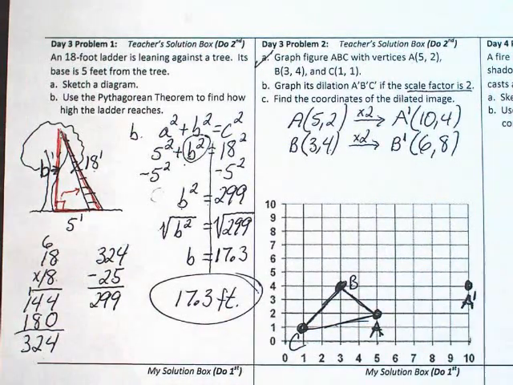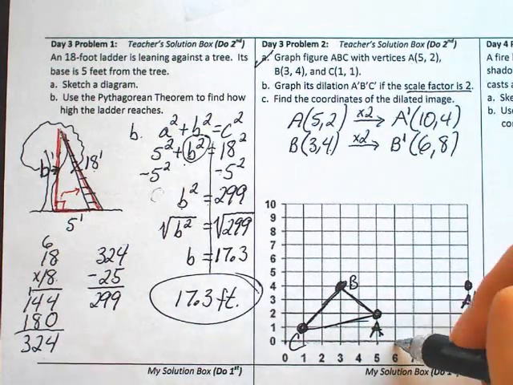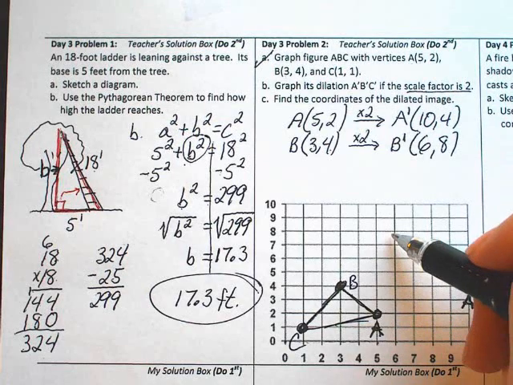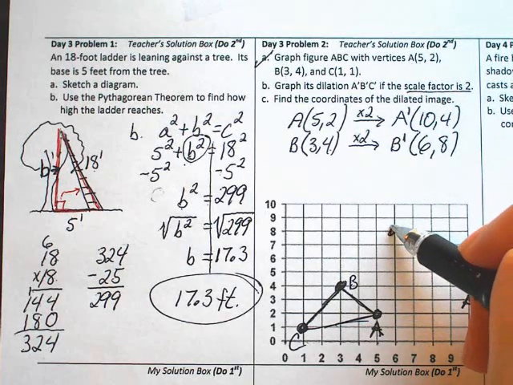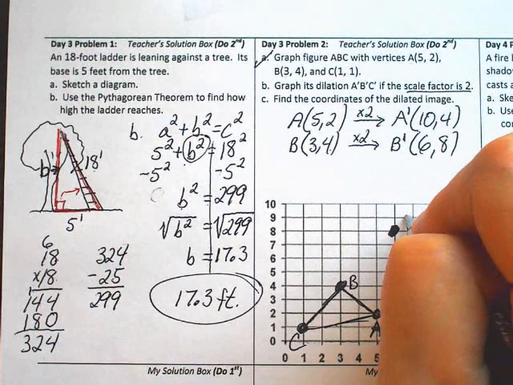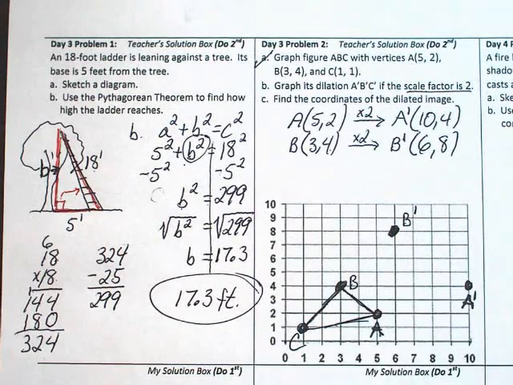B prime is at 6, 8. So here is the origin. Let's go to the right to the 6, and then up to the 8, which is right here. And this is B prime.